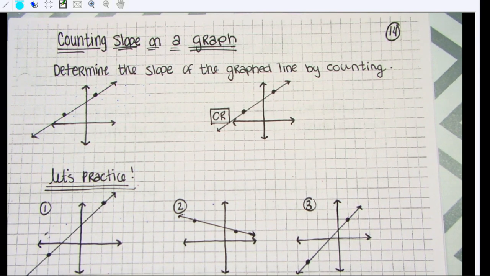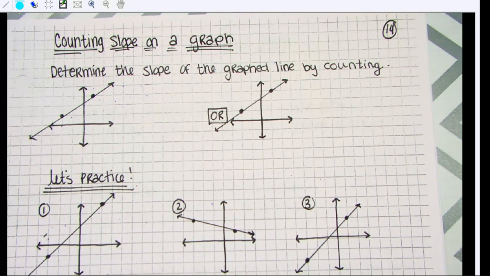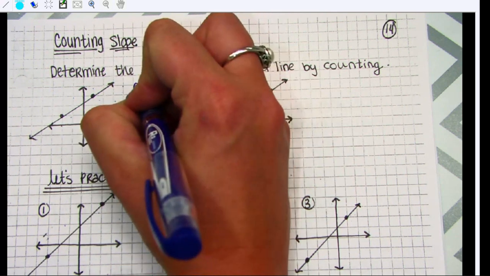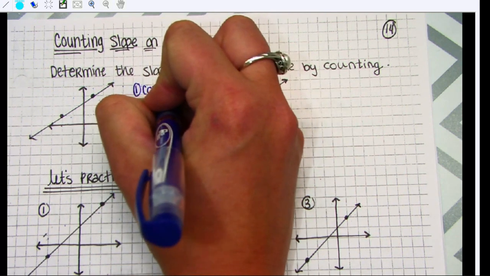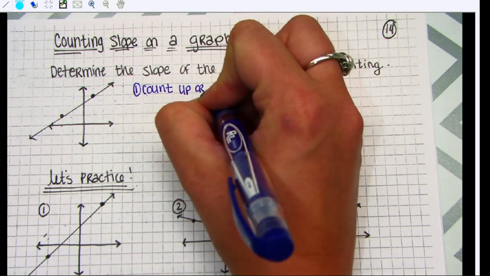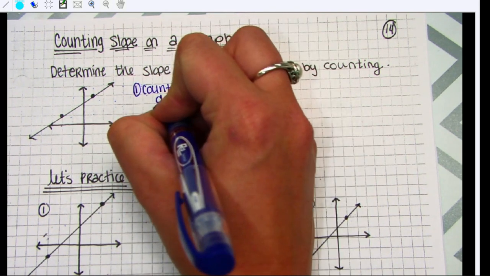We are going to have 2 points, and our goal is to calculate the slope by counting the slope. Whenever you are counting, you will always count in a Y direction first. So the first thing you're always going to do is count up or down.